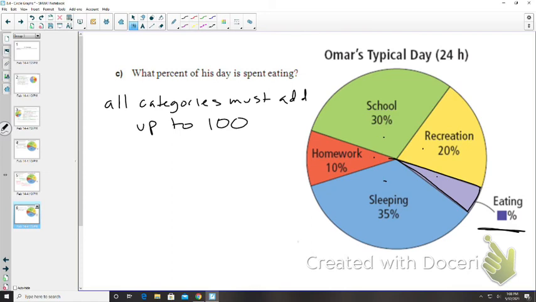We're just going to take our 100% and subtract the value of the other 4 categories. So 100 minus 35, minus 30, minus 20, minus 10 equals 5. This tells us that he spends 5% of his day eating.